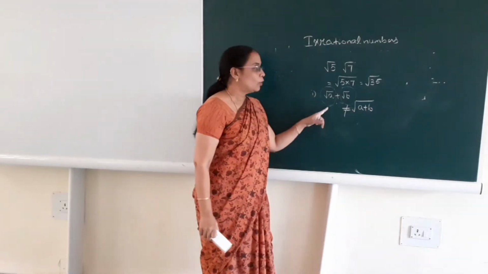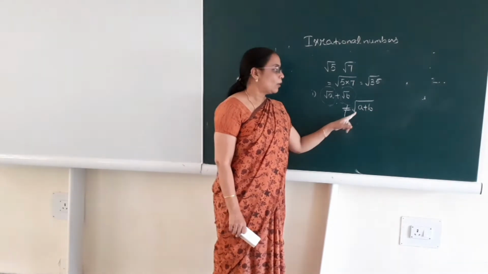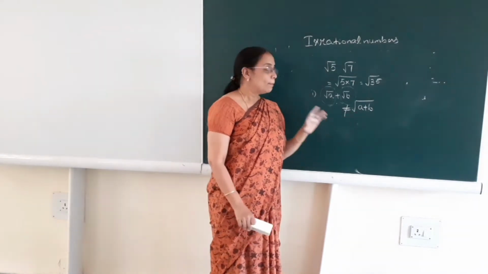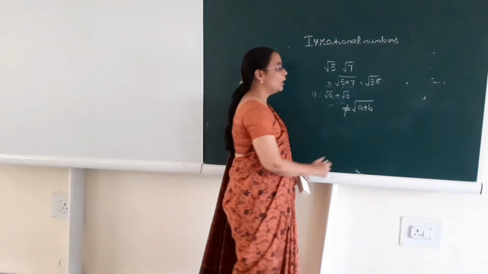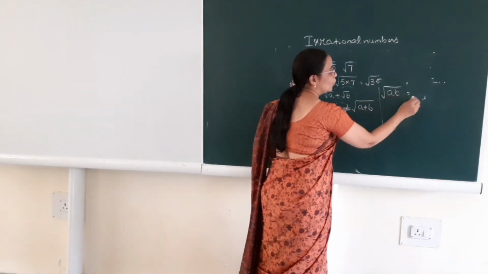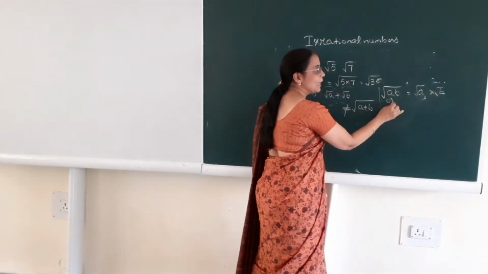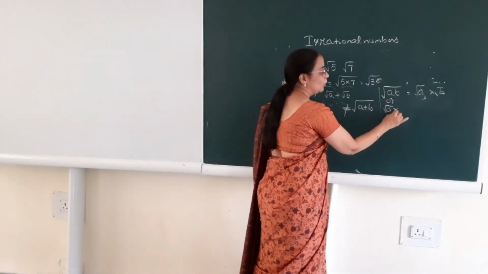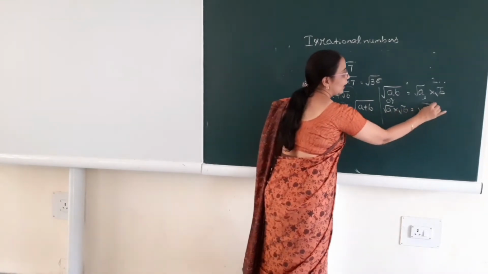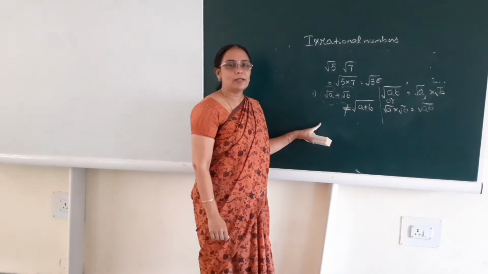That is, root a plus root b will never be equal to square root of a plus b. But the same thing, when you are doing multiplication, root a into b, you can write it as root a into root b, or vice versa, root a into root b can be written as root ab. So this is an irrational number.